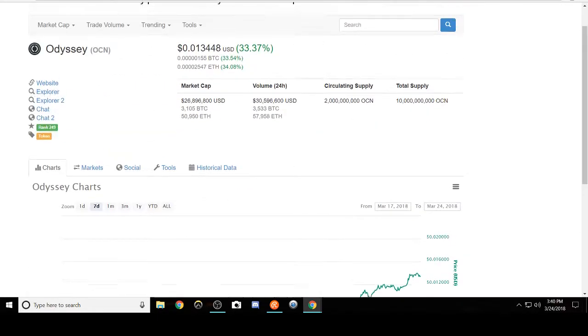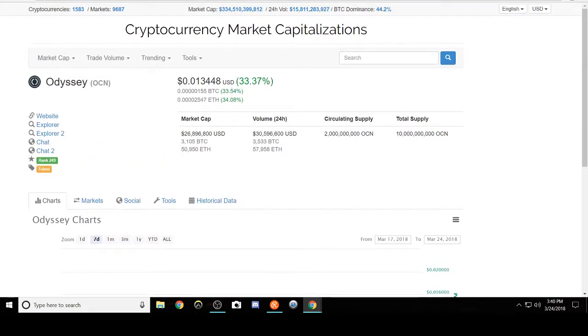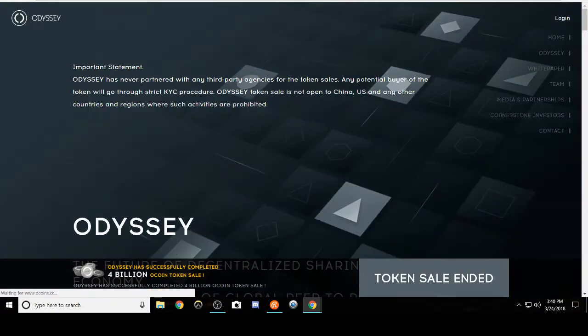So, do they have anything about it? I can go to their website, open link, and let's see what this is. Important statement. Odyssey has never partnered with any third-party agencies for token sales. Any potential buyer of the token will go through strict KYC procedure.